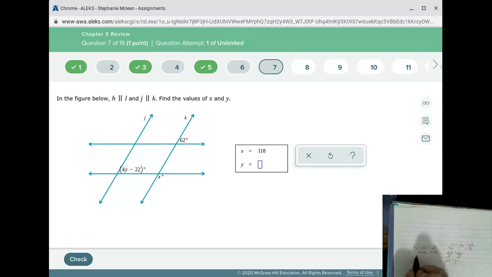So I get 4y equals 84. And I'm going to divide that by 4. So then y equals 8 divided by 4 is 2, 4 divided by 4 is 1, so 21. So y equals 21. Okay?